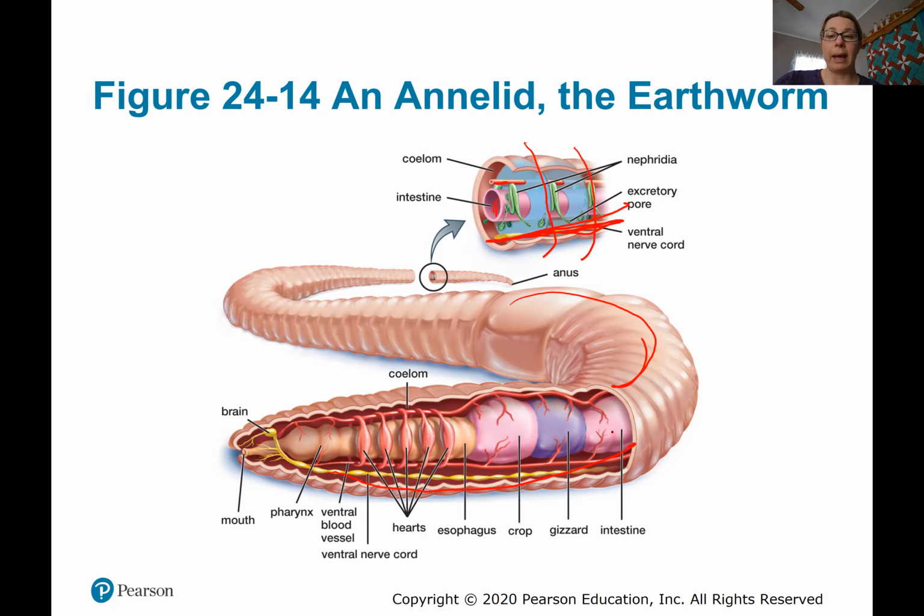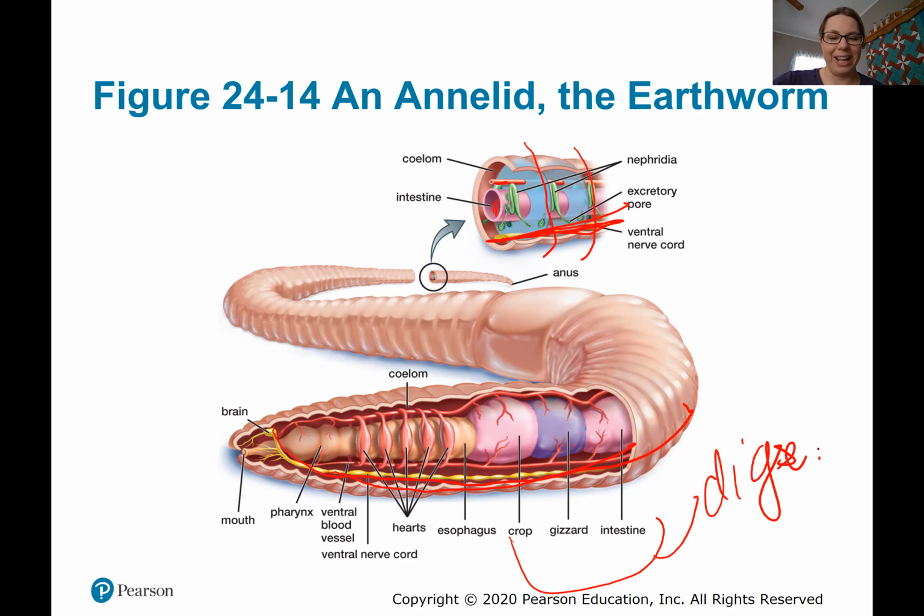So insects and earthworms have a nerve cord that goes along the bottom or underneath side, the ventral side. And humans have a nerve cord, our spinal cord, which is actually surrounded by bone, the vertebrae, the spine, on the back, the dorsal side. So there are some differences there. They have a very primitive brain, a crop, gizzard, and intestine. These are all digestive organs, okay? And then you can see their 5 hearts right there.